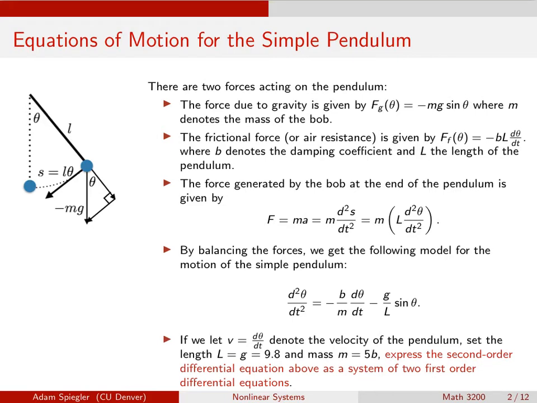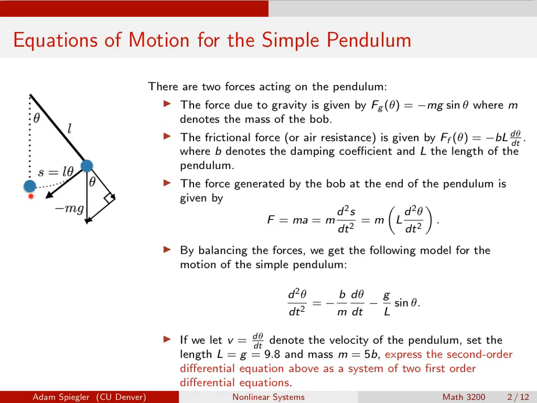The force generated by the bob, using Newton's second law, is going to be the mass times the acceleration. So the mass is a constant m. The acceleration we can write as the second derivative of our position. So the distance that we've traveled is s, and then our acceleration is going to be the second derivative of that.